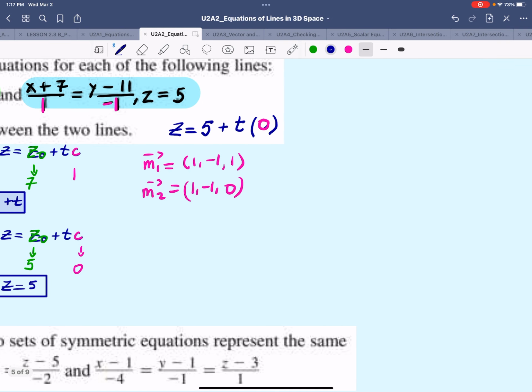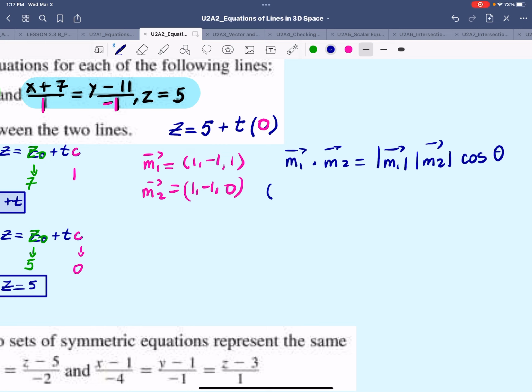So m1 dot m2 equals the magnitude of m1 multiplied by the magnitude of m2 multiplied by the cosine of the angle made between them.